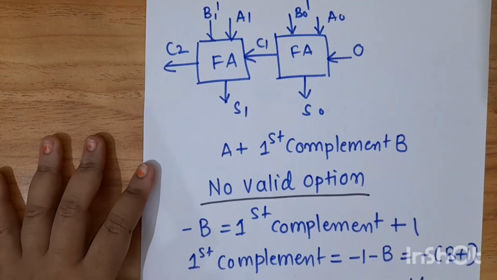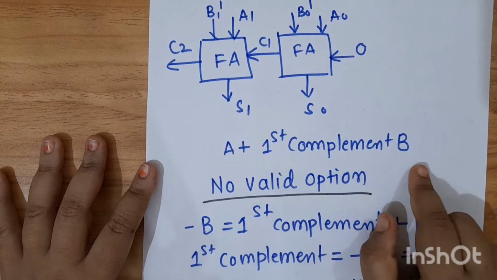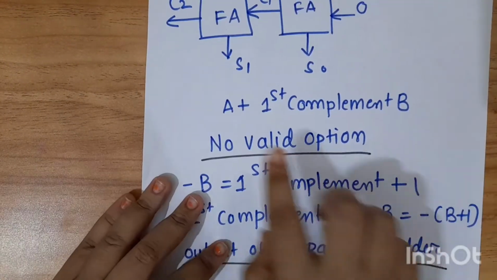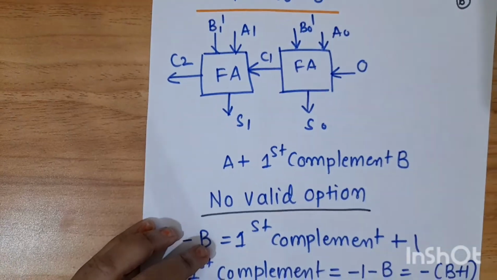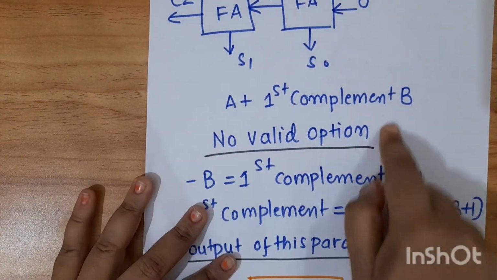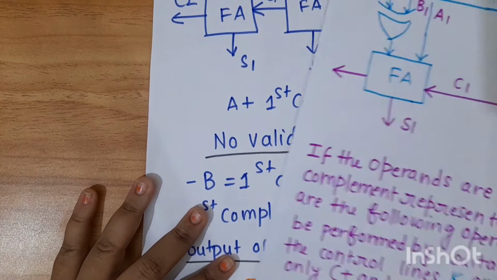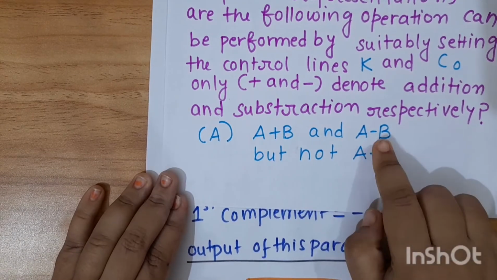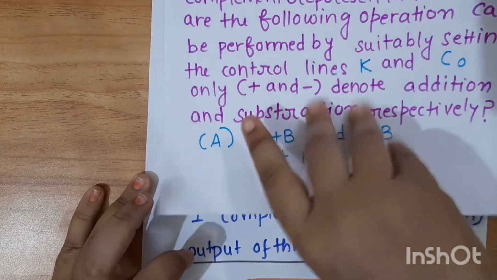Now, here the addition is happening for A plus 1's complement of B, because B0 and B1 are both complemented. So, A plus 1's complement of B, this addition is happening with this full adder. So, this is not a valid option we have. In the question, we were having A plus B, one option, A minus B, but not A plus 1.